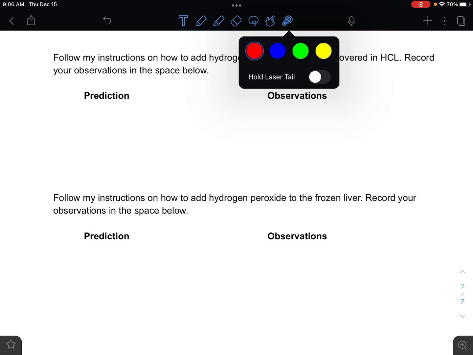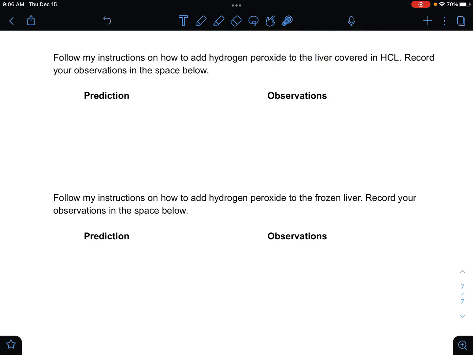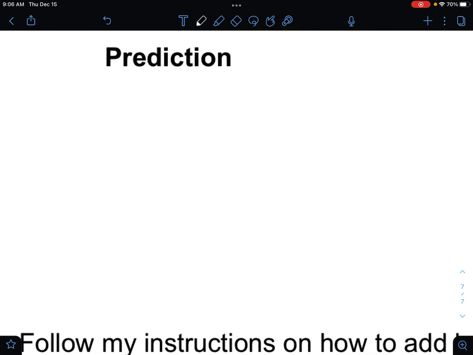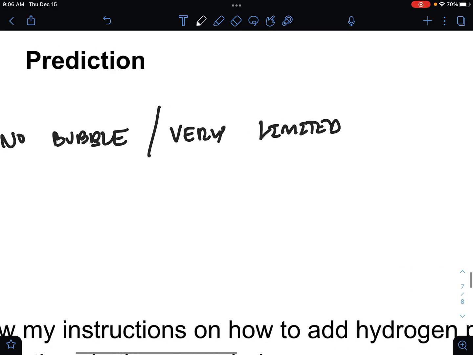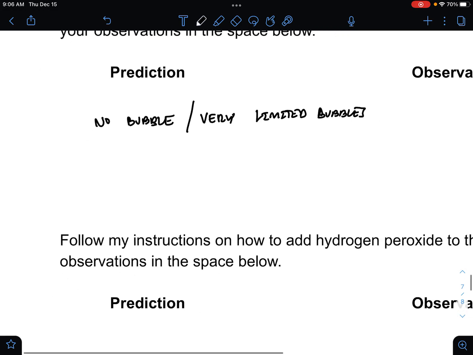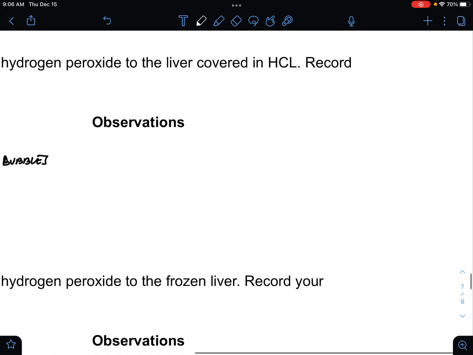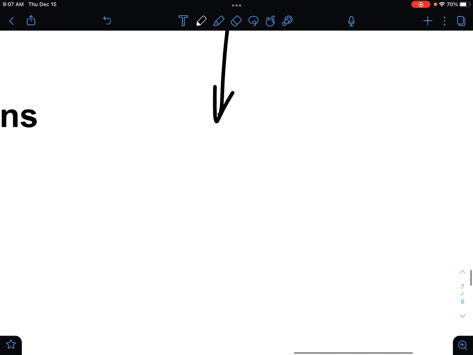Okay, same thing with the liver covered in hydrochloric acid. We saw no bubbles or very limited bubbles, and the reason for this is that hydrochloric acid, just like the heat, is going to break hydrogen bonds and denature the protein.